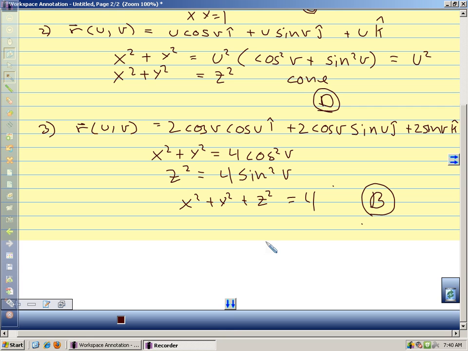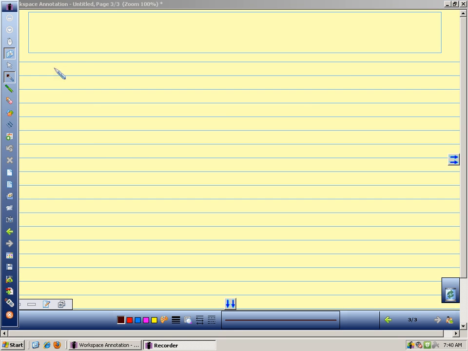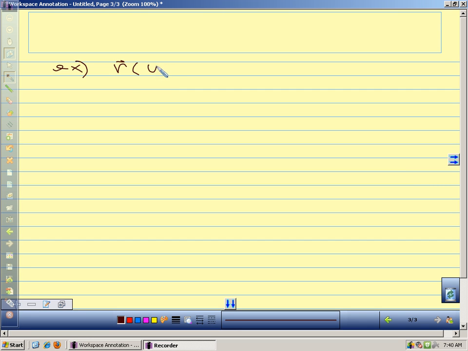Now let's look at a couple of examples where we're going to find the rectangular equations for a couple of parametric surfaces, and then we want to describe the surface. So r of u and v. This is the same as what we were just doing, except we don't have pictures to match with.